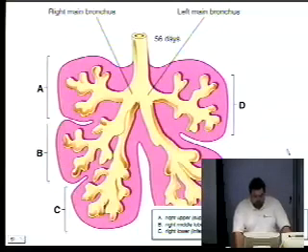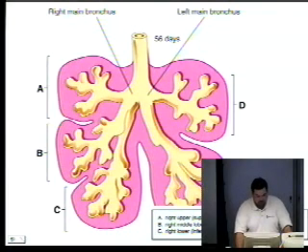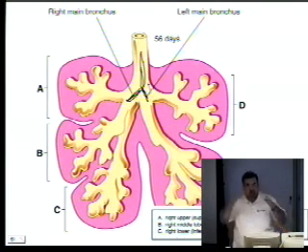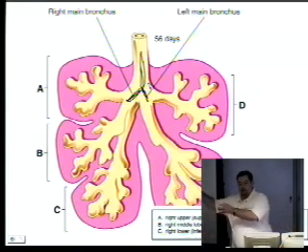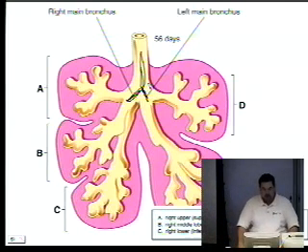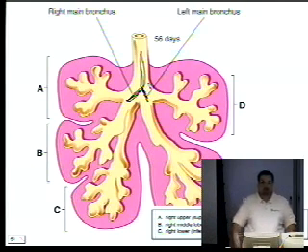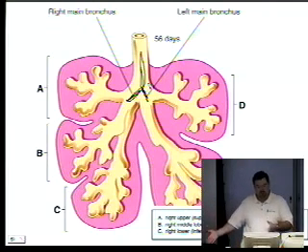And here we can see that even more clearly. Also, sometimes instead of upper and lower, superior and inferior are used. It's the same thing, of course. And so again, here we see the right main bronchus and the left main bronchus coming off the trachea, and then you just keep dividing. You go, a layer off that, another one off that, another one off that, and there's actually between 18 and 24 different orders of branches.